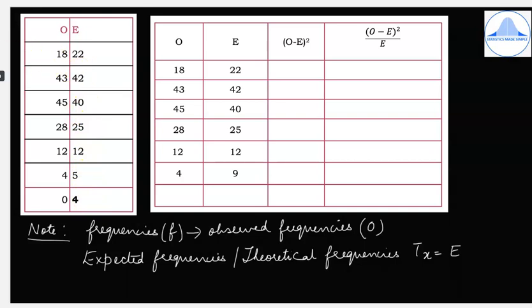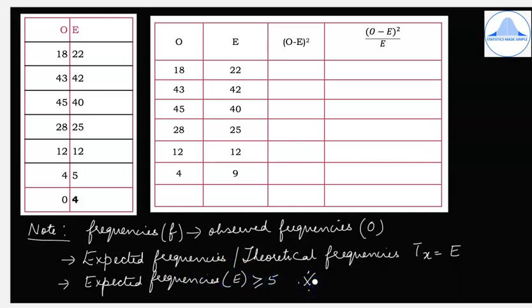Now there is a very important point to keep in mind. All the expected frequencies, which are now denoted by E, should always be greater than or equal to 5.